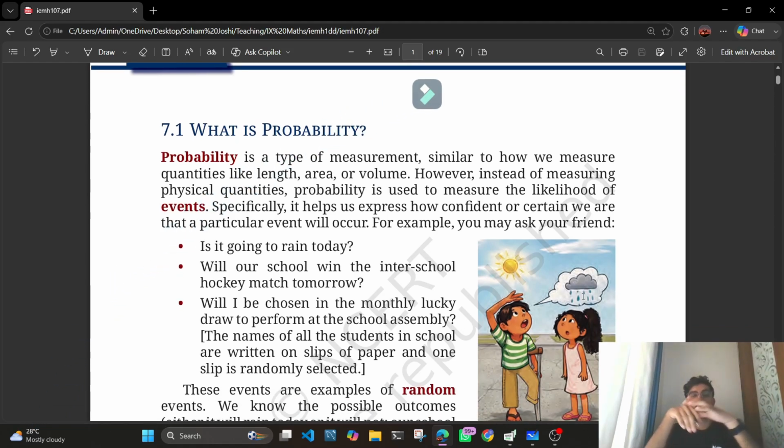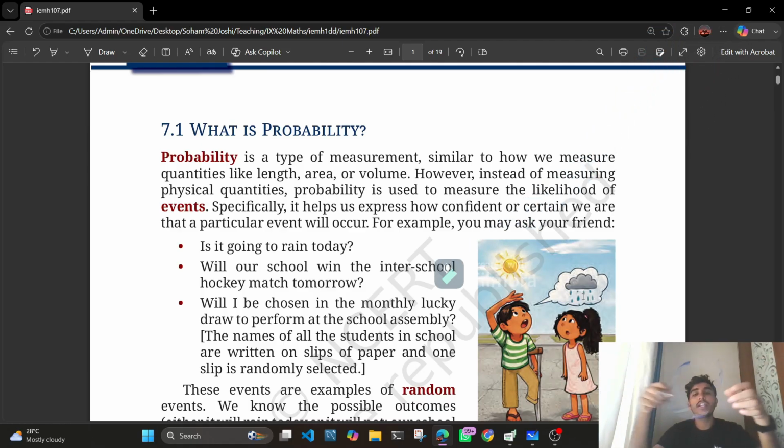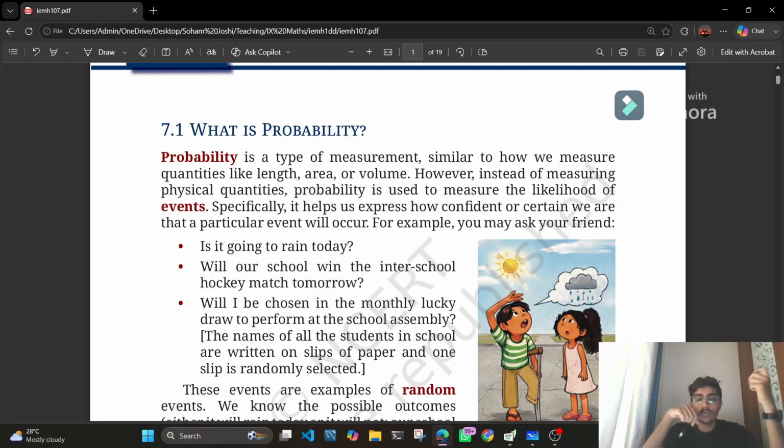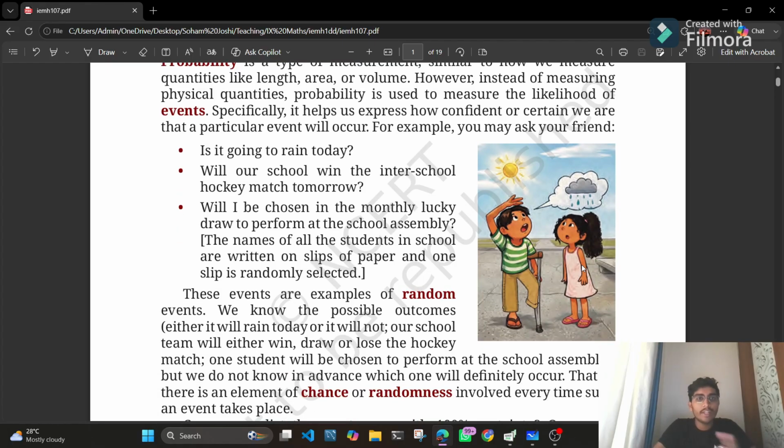For example, if we ask, is it going to rain today, or it might not rain today, or whether you are going to win this competition or not, or if you are playing Ludo, let's say, or snakes and ladders, you throw your dice and ask what are the possibilities that it will come six, etc. So these events are examples of random events because they are very random in nature.